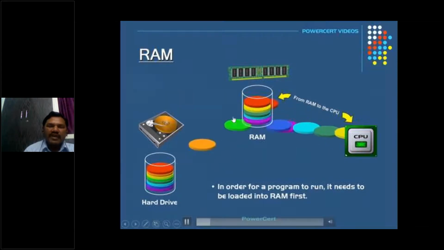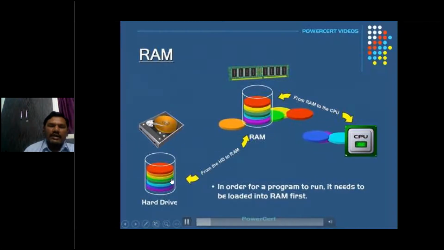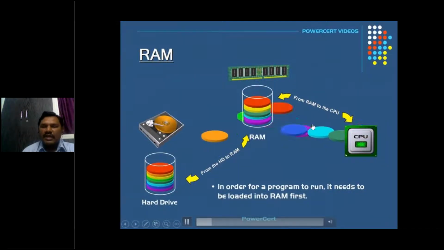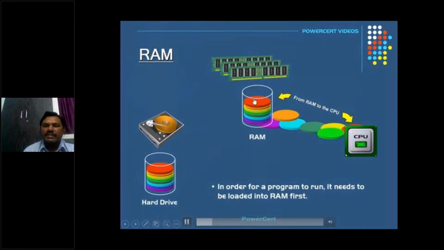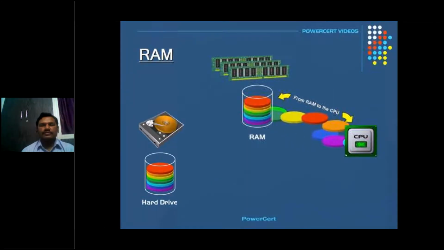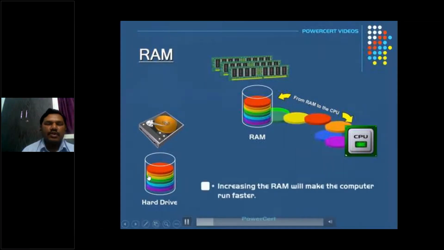Whenever you want to open the same website or file, it need not go to the hard drive, because the hard drive or ROM stores the application software and operating systems. So the speed of operation can be increased, because it need not go to the hard disk or ROM always.